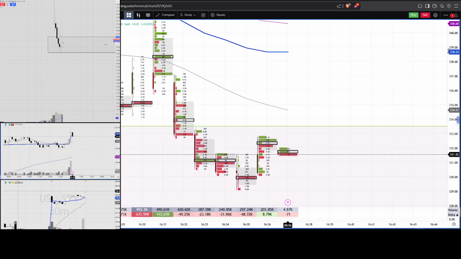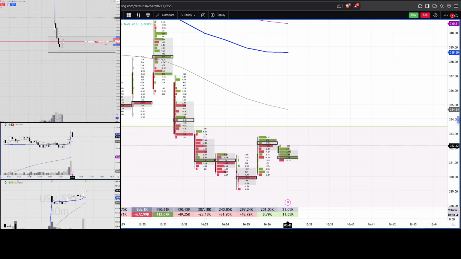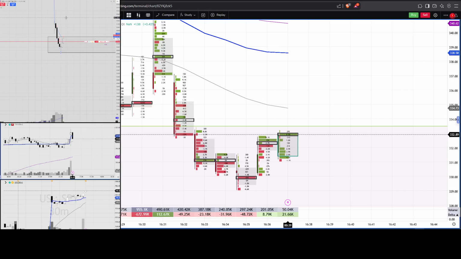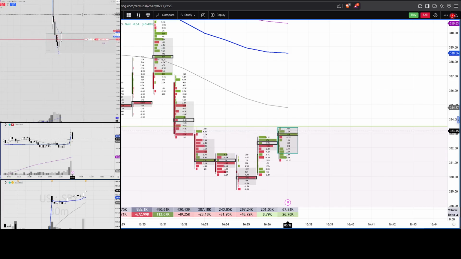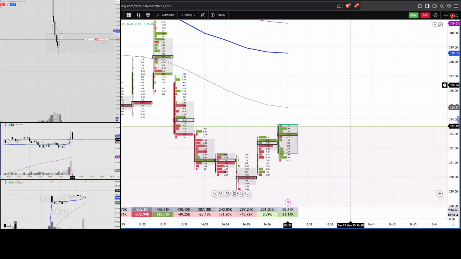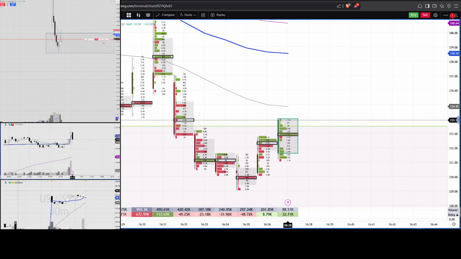Wow, buyers are absorbed. I think go short. Why are you going short when the buyers are being absorbed, bro? Sorry, when the buyers are showing strength. I think I can go short with another 40. I might have to take this loss.